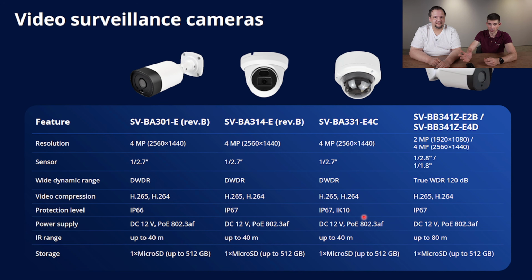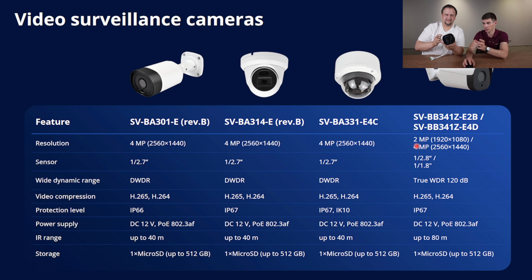And last but not least, our fresh edition, it will be available for order in a few weeks' time, but you can see it is a significantly larger camera due to the fact that it's varifocal. So varifocal means that the camera has a lens with variable focal distance.